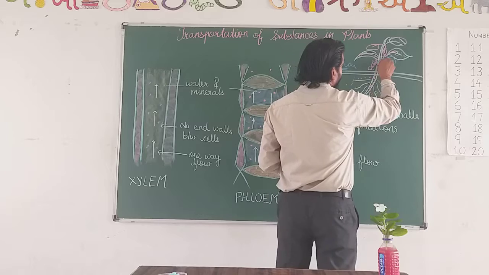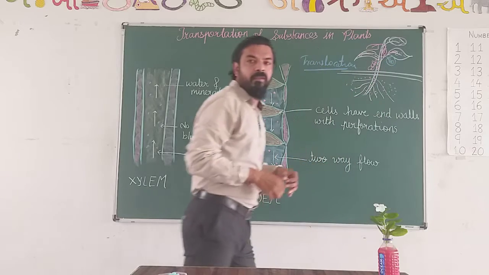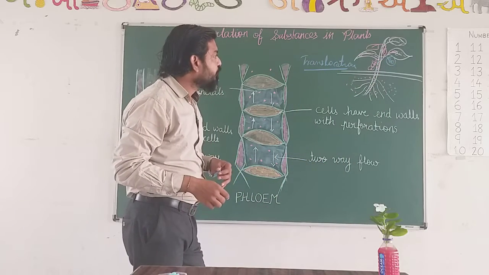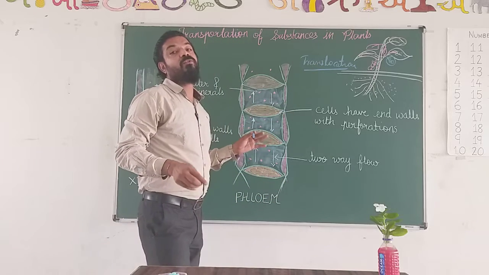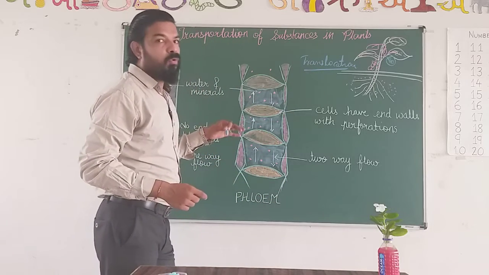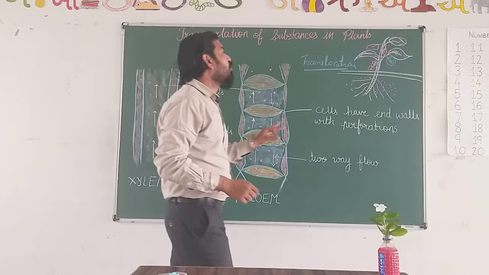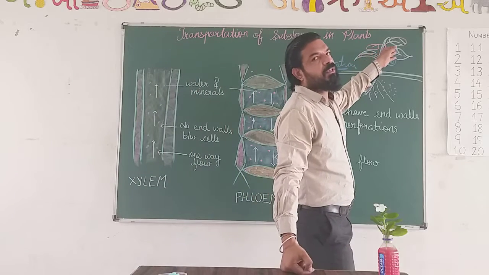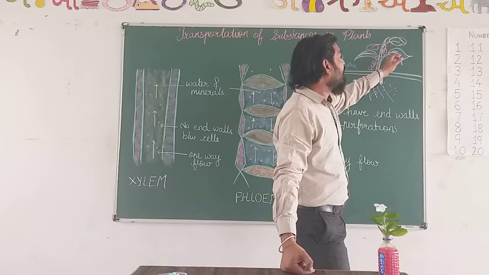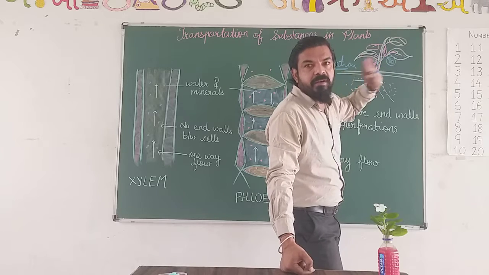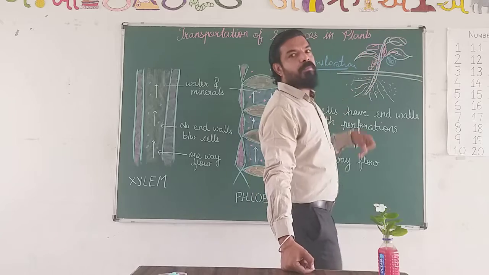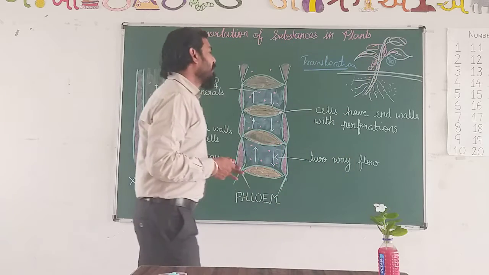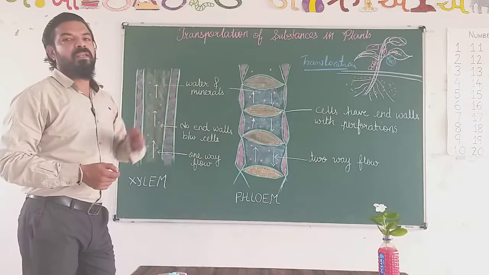So you can say that phloem has a two-way flow because it wants to transport the minerals, proteins to all parts of the plant. That is why it has two-way flow.